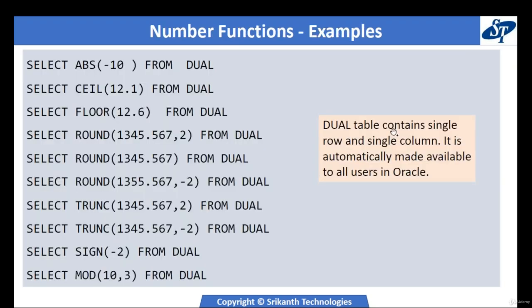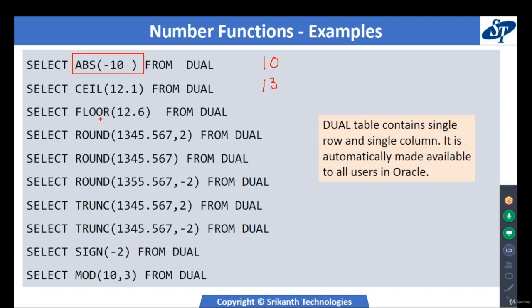Now, these are some examples. To start with, ABS of -10 is going to give you 10 because that's the absolute value for the given value. Ceil of 12.1 is going to be 13. It will always take you to the next number when it is more than 12. 12.1 or 12.9, anything above 12 is going to be 13.